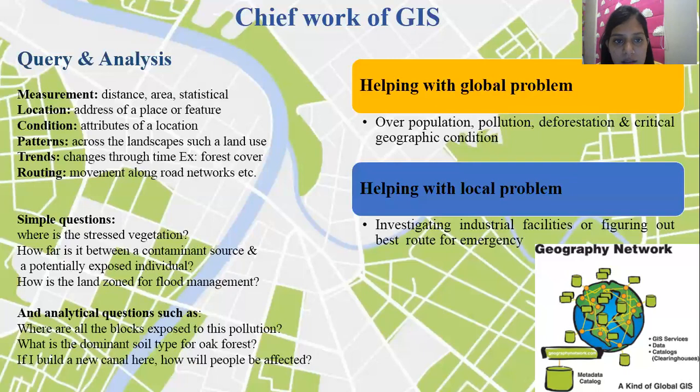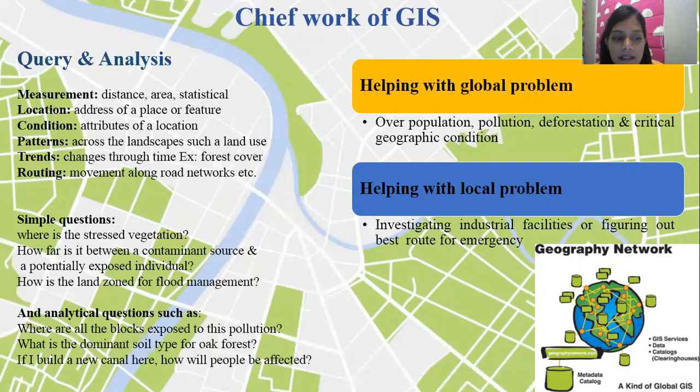Right? This can even be answered if we take an example of any calamity or emergency case. We can answer this, that there is a containment zone and a potentially exposed individual. Right? How is land zoned for flood management? Yes, this can also be answered. That is disaster management, if we talk about it, right? So we can also get the answers for it.